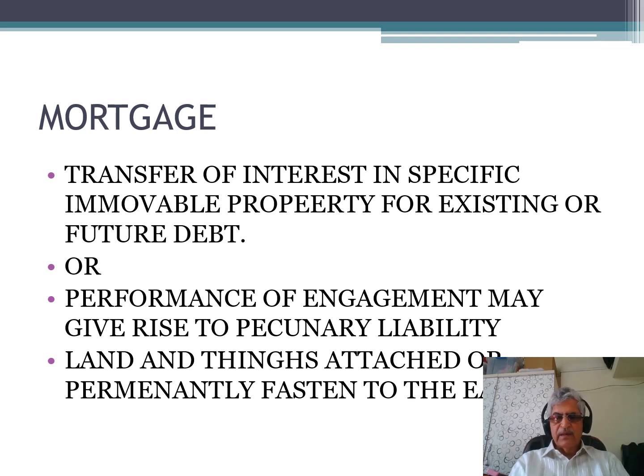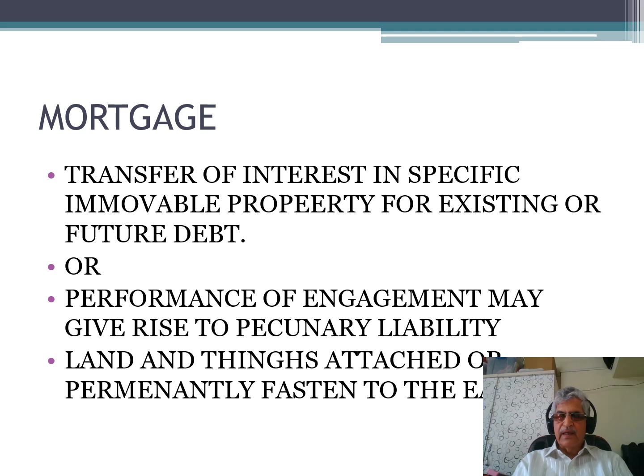At this juncture the rates are not known, so this liability was not known to the borrower or the mortgager. So such a type of liability can be mortgaged against the security. And what is immovable property?